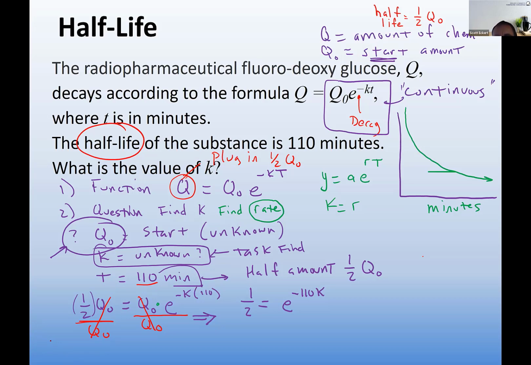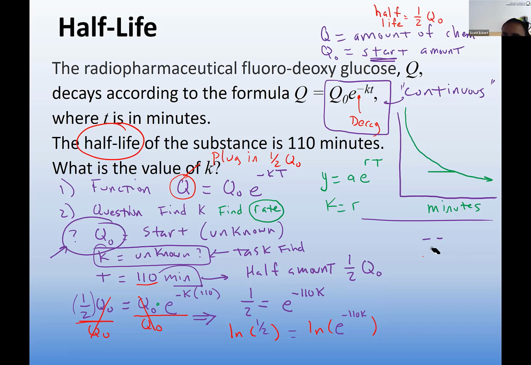Well, this is exponential. We're going to use the natural log on both sides. When I use the natural log, natural log with exponential base e, it's going to give me ln of 1/2 equals, I don't have enough room here.